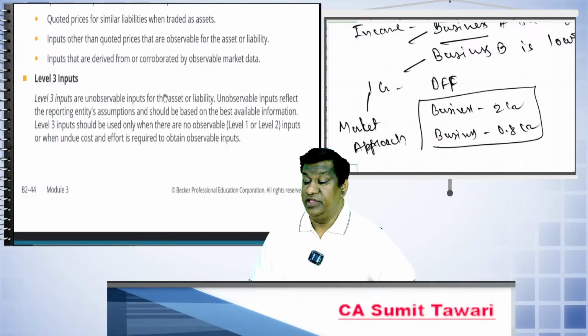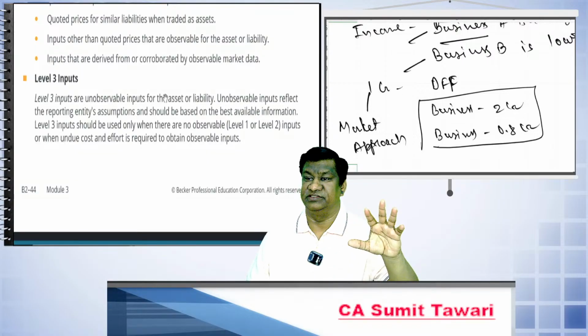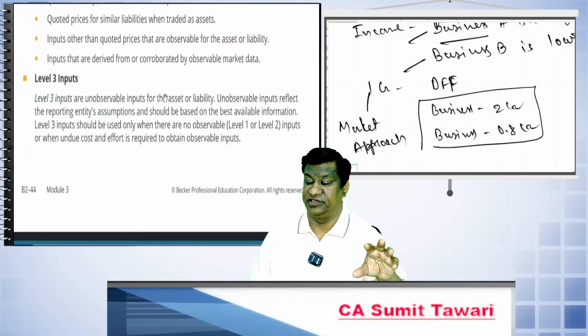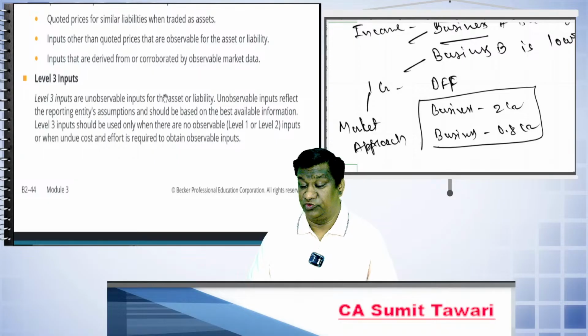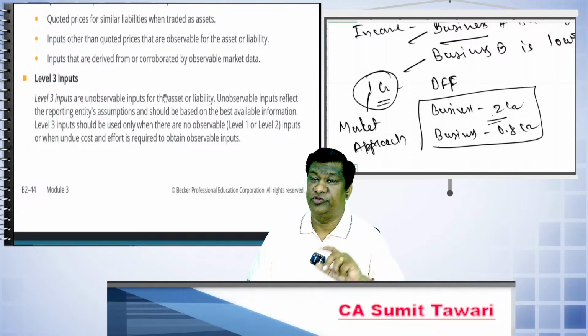Correct. See, there is one more concept, maybe you are aware of this word, impairment of the asset. Even though you buy the asset at some price, if you cannot recover the cost, then you need to impair that asset. So even though as per the market approach it is 1 crore, but as per the business calculation it is 2 crore, then you need to evaluate.